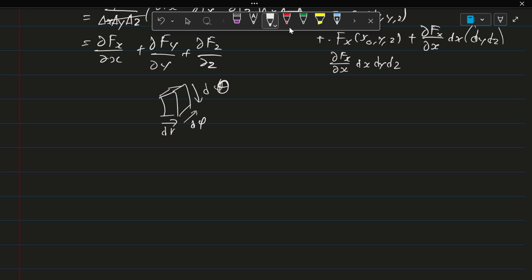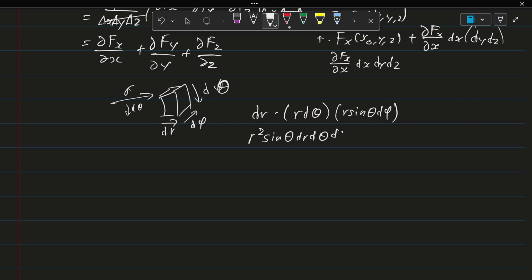The volume of this cube should be dr, multiplied by r d theta, which corresponds to the length here over the change of the angle theta, right? So there would be r there. And then in the d phi direction, it would be r sine theta d phi. So this will be our volume, r squared sine theta dr d theta d phi.